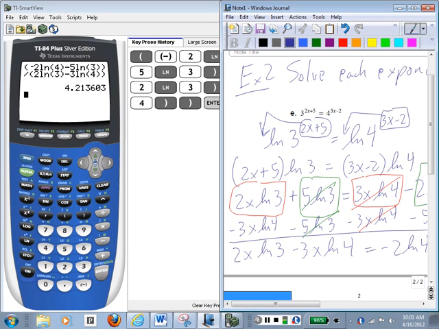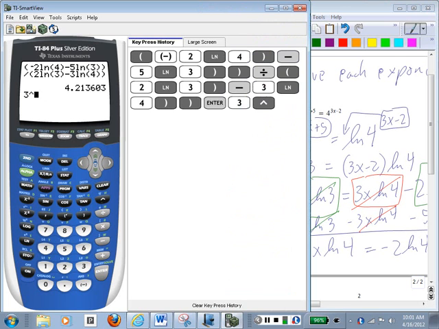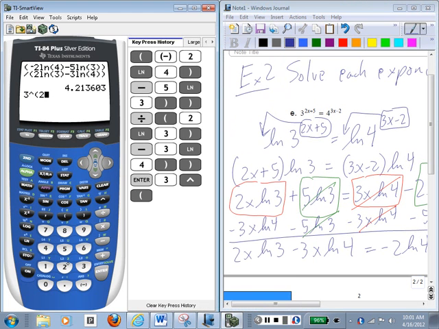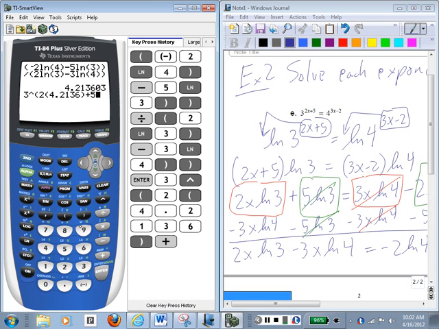So let's try 3 to the power of 2 times 4.2136 plus 5, and see what we get for that. This is going to be a pretty good sized number. 2,549,191.792.